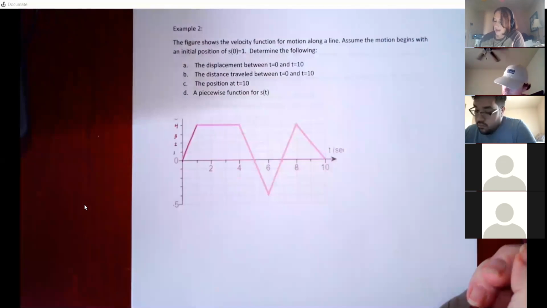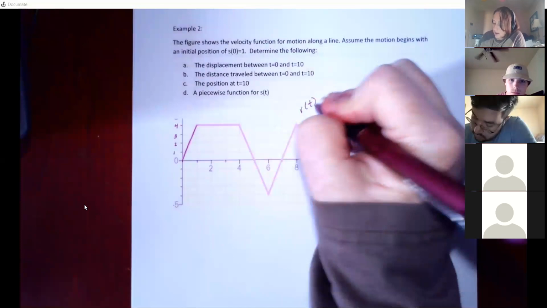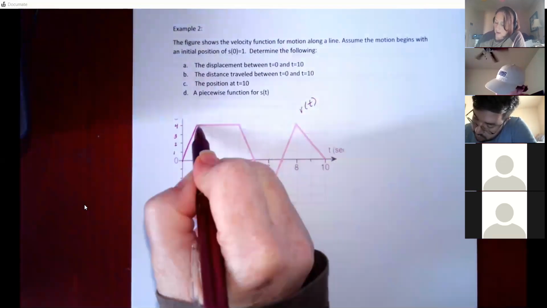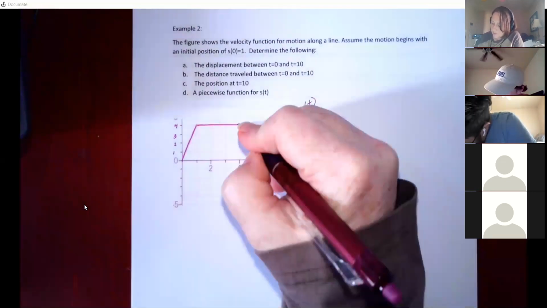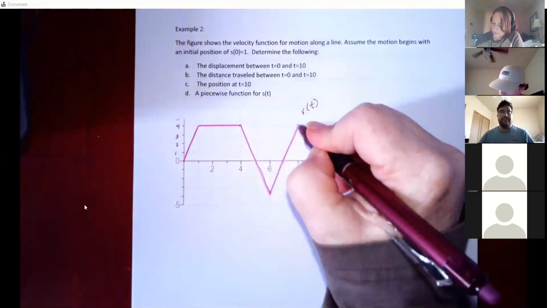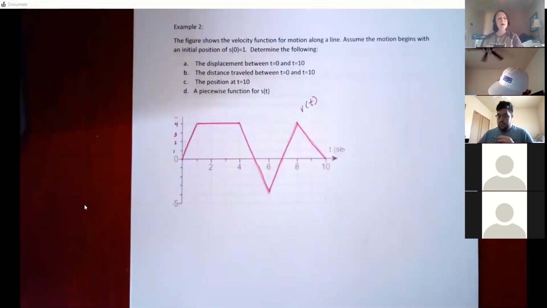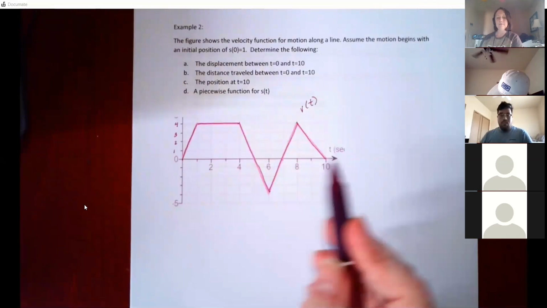And this is our velocity function. All right, they want us to tell them what the displacement is between 0 and 10.